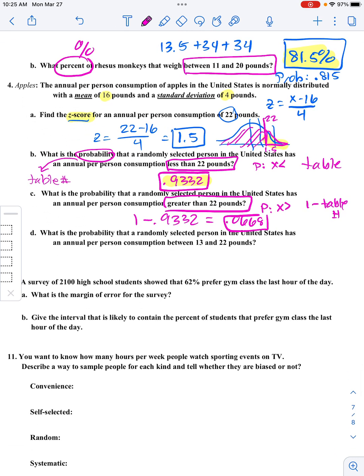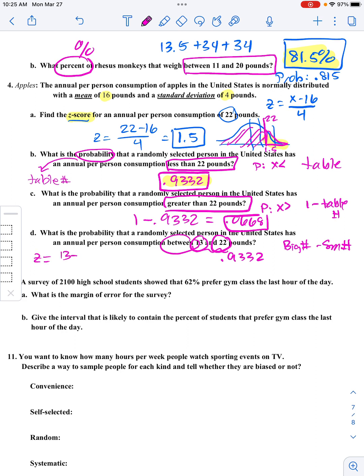And then it's saying, what's the probability that it's between? Well, in between on my chart, it says if it's between, I need to take the big table number minus the small table number. Well, I already did everything I need to do for 22. I already know that the table number for that is 0.9932. I have to do the 13. I don't even have a z-score for that.